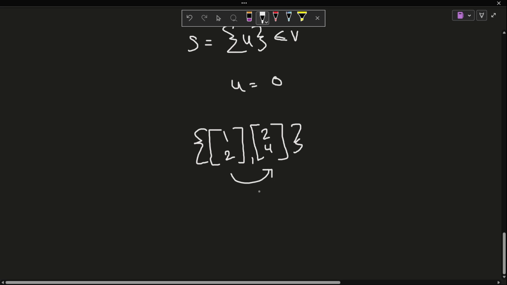And you can see here, I did this easily, but the scale factor is going to be 2. So multiplying this one by 2 gives you this one. So that means that they are linearly dependent. Okay, and this makes sense because graphically they will lie on the same line.